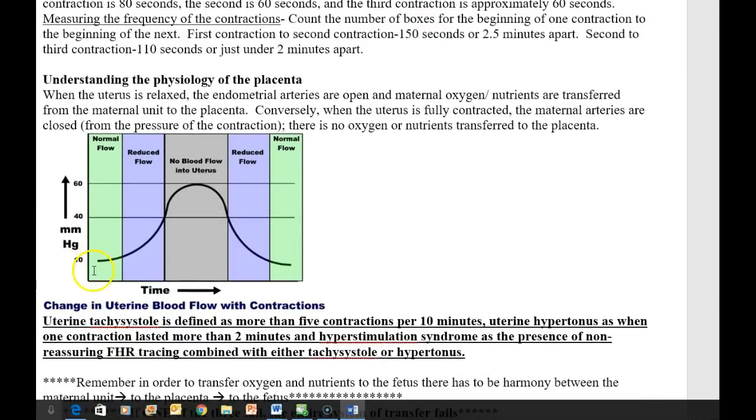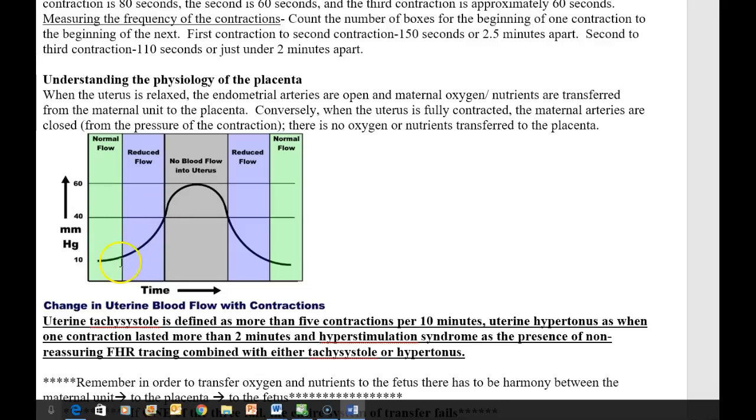When you have a contraction, the uterus contracts, or it squeezes down and manually compresses the arterioles and veins. So you can see here at the beginning of a contraction, there's normal flow through the uterus. There's oxygen being delivered to the gap.